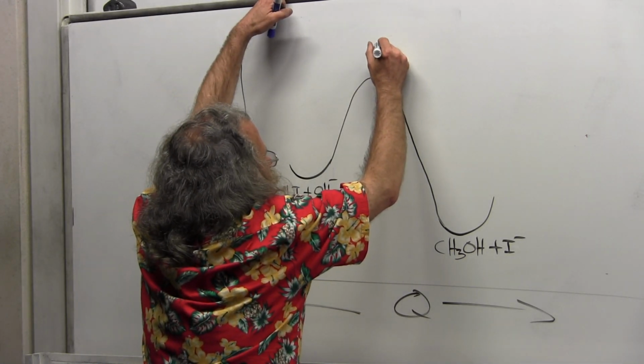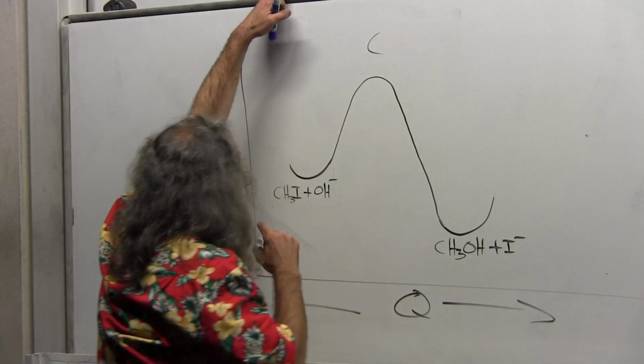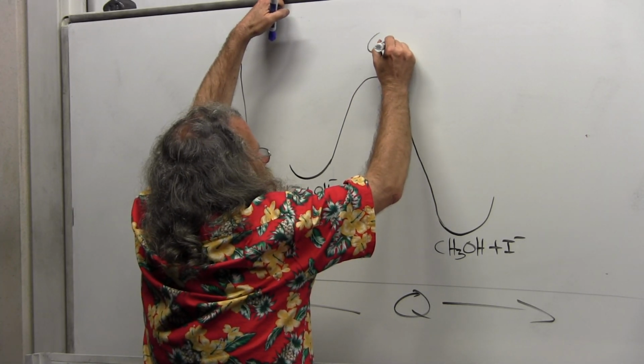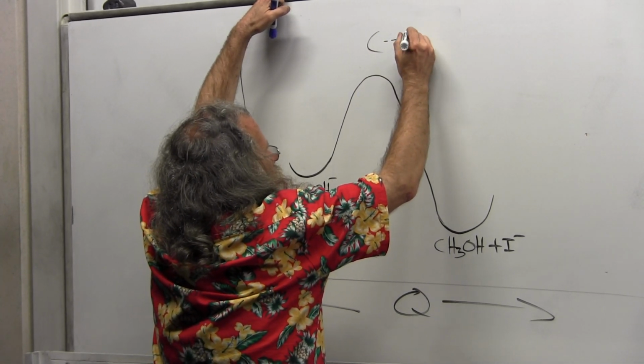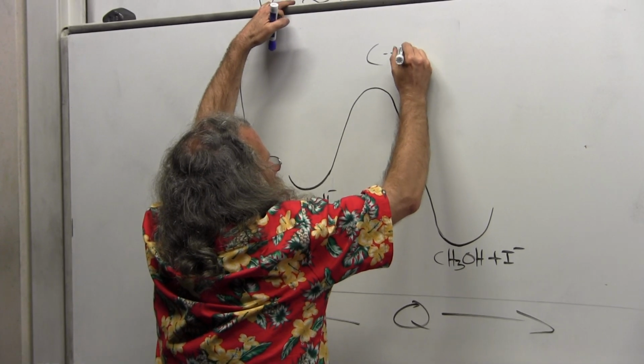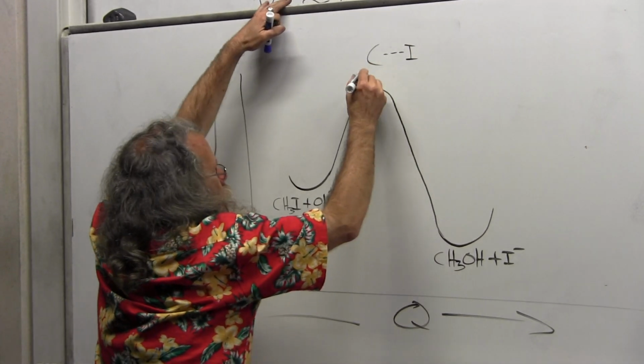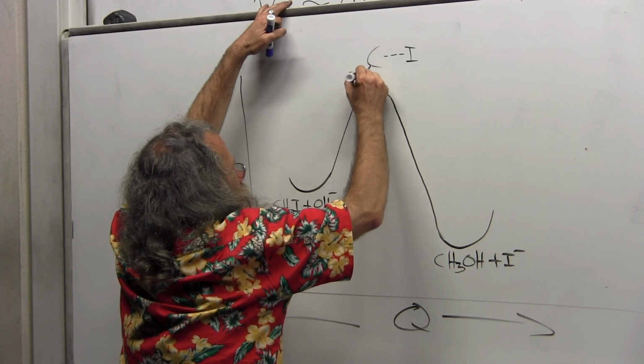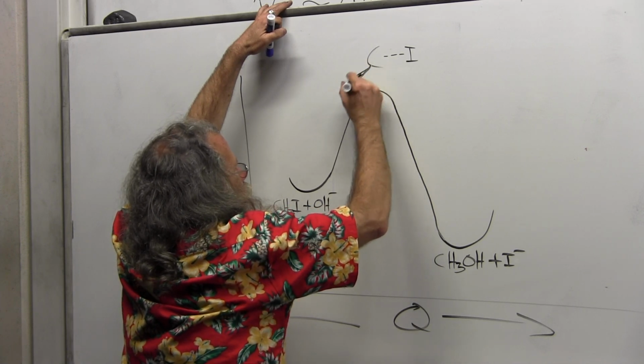Now, I'm going to draw this so that it's going to have the iodide leaving group. Are we supposed to know how to draw? It's going to be tetrahedral.